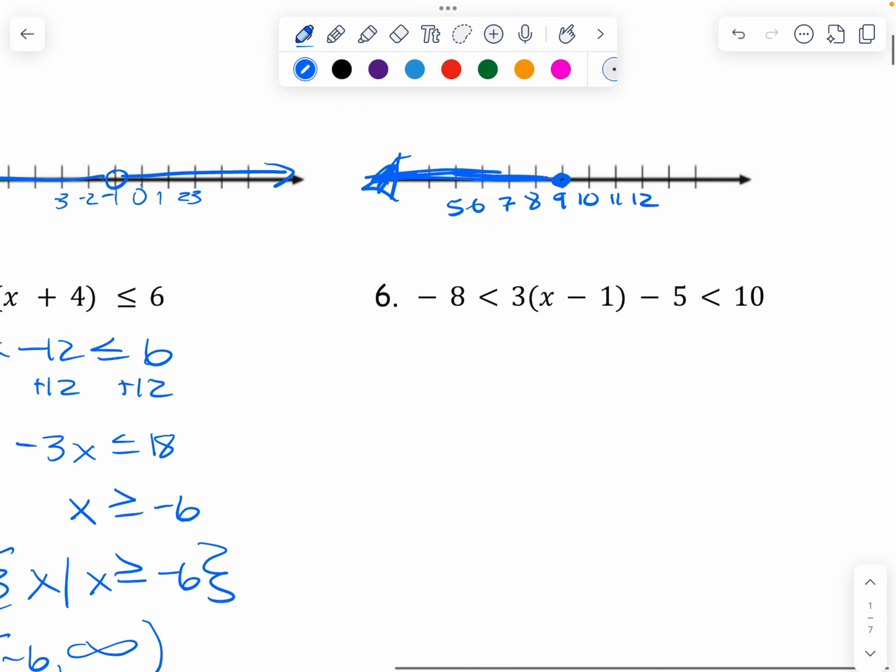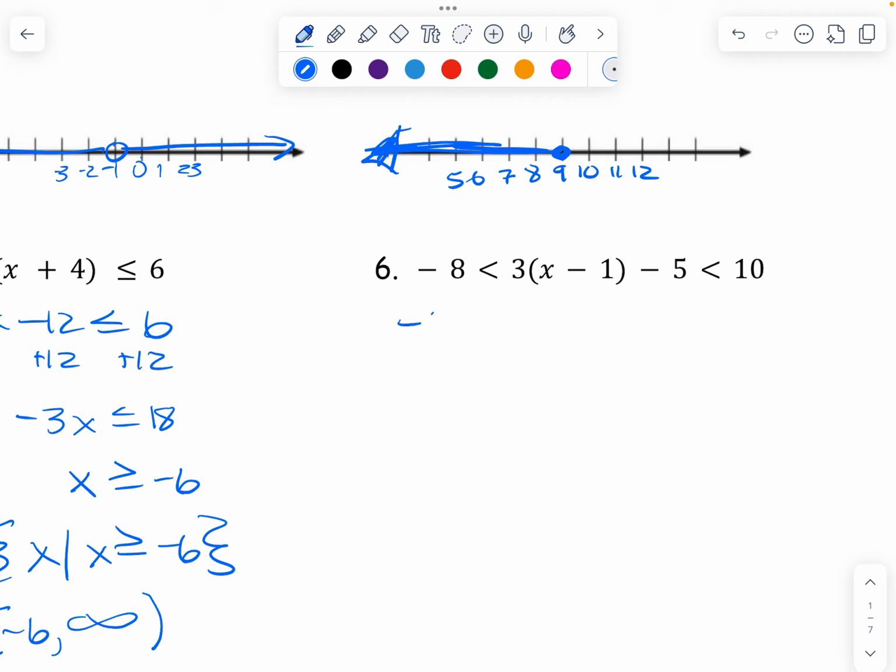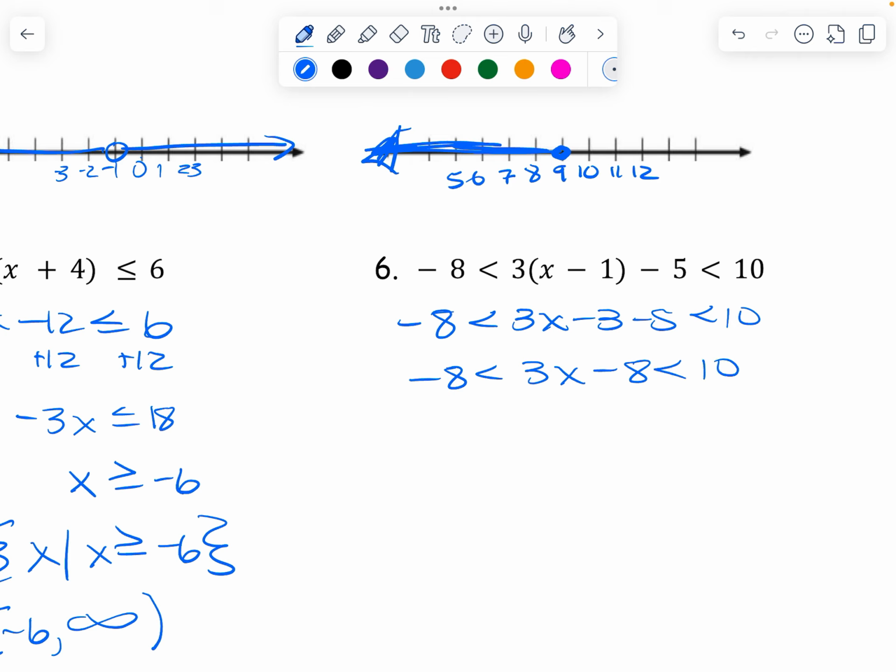So this next one, negative 8 is less than 3x minus 8, which is less than 10. Add 8. That will get me 0 is less than 3x, which is less than 18.